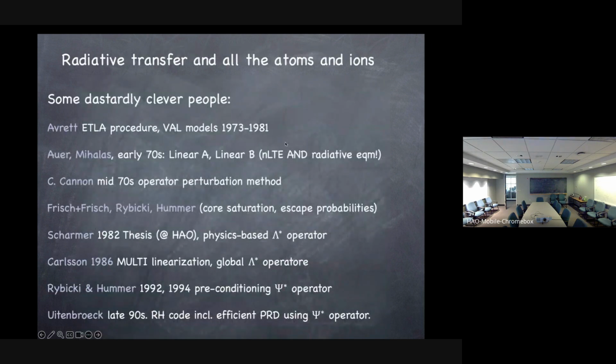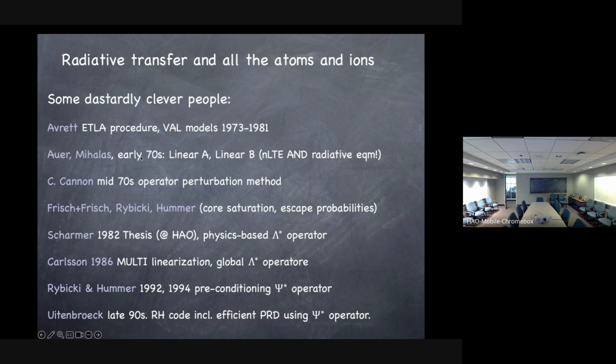Okay. So radiative transfer in all the atoms and ions. This is just a list here of the evolution of this thing. And I'll get to the bottom here. A noticeable change occurred in the 1970s.